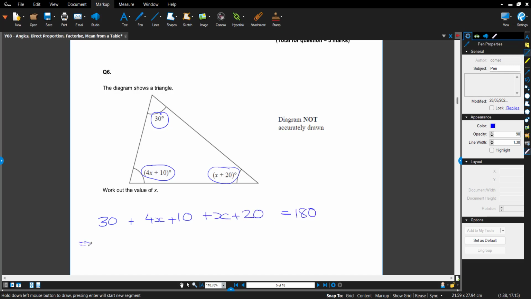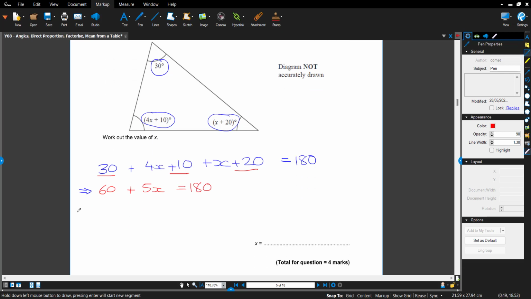That implies, so let's do the numbers first. We got 30, plus 10, and plus 20. So 30 and 10 is 40, and 20 is 60. So 60 plus, we got 4x and x, so 5x equals 180.